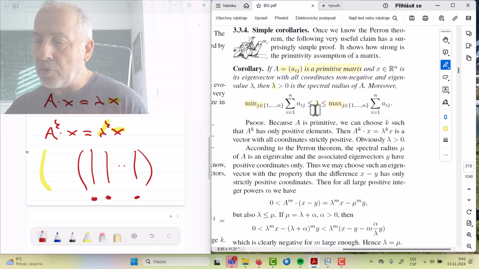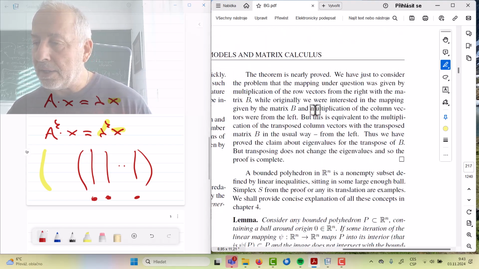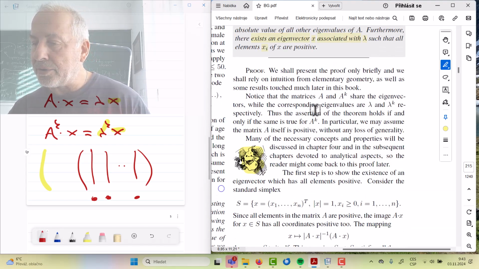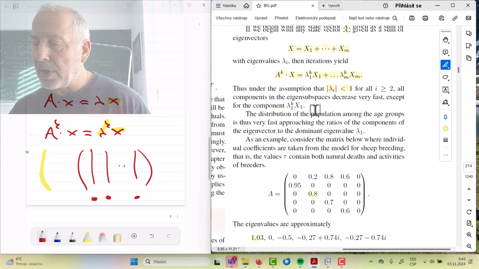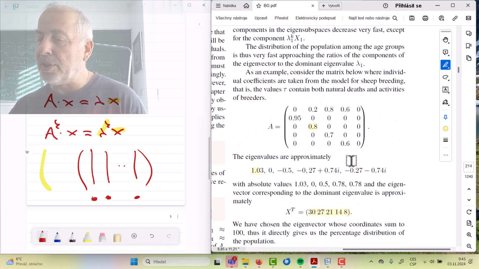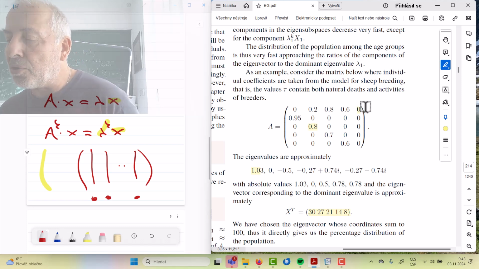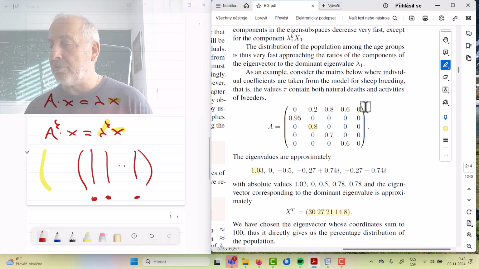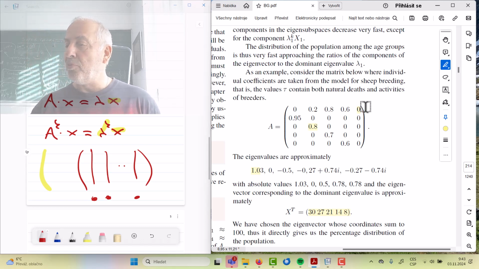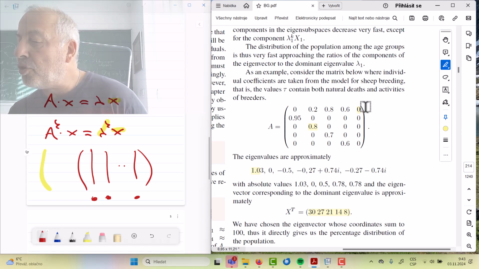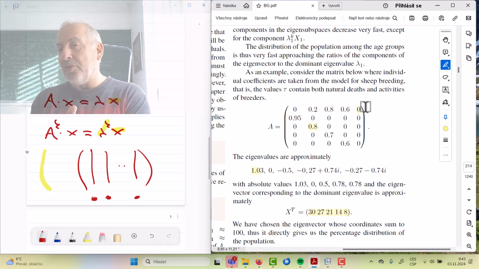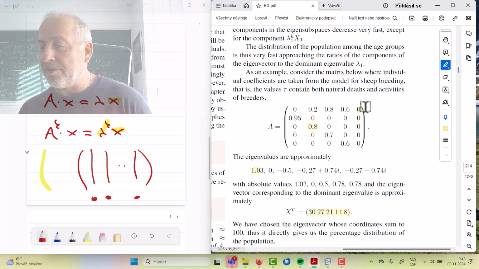So for example, if I go back, this very matrix was not primitive, but if I put anything slightly non-zero here, like an error, so I don't know, 1 times 10 to the power minus 30, right? It would be already primitive. So numerically, we can just ignore that fact.